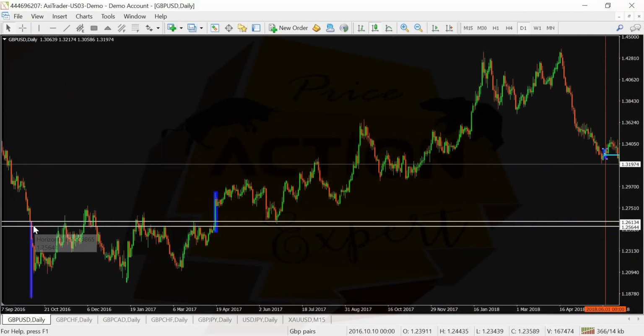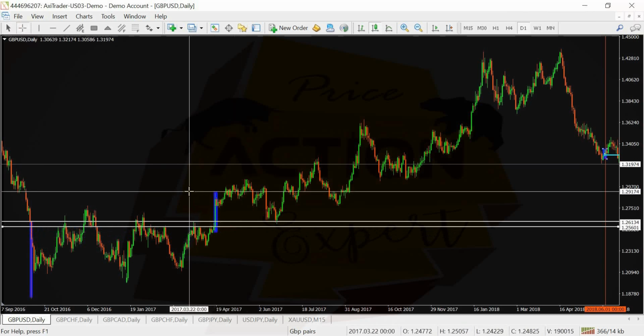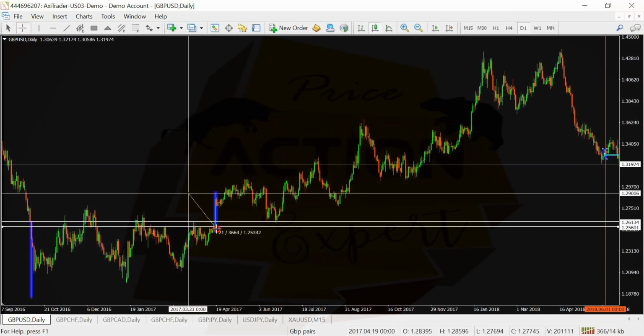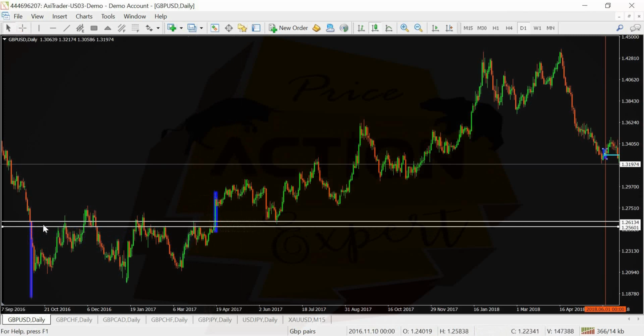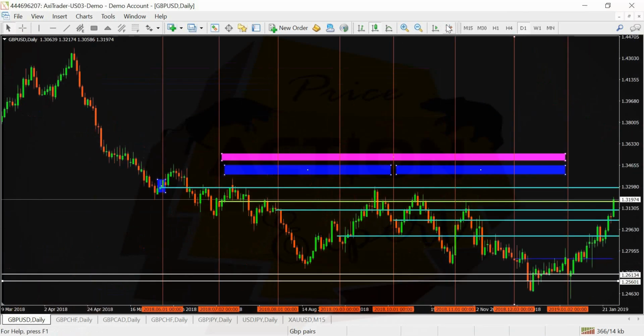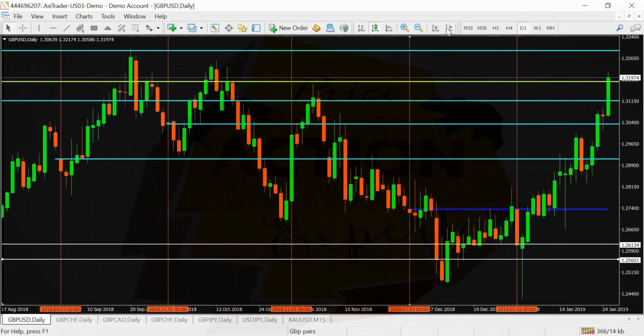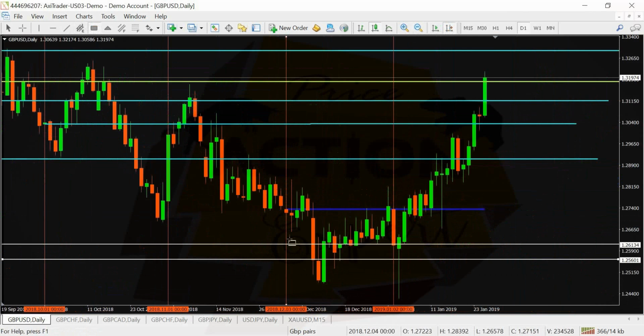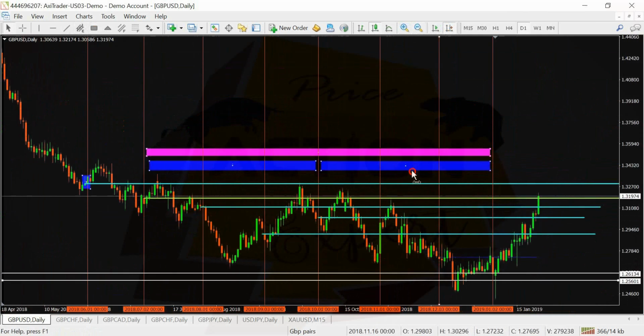This is the crash opening candle. This is the opening candle of some other day. It moved up almost 300 to 400 pips. I mark these two. See here, importance. White lines, structures. Once it reaches it, it goes up.